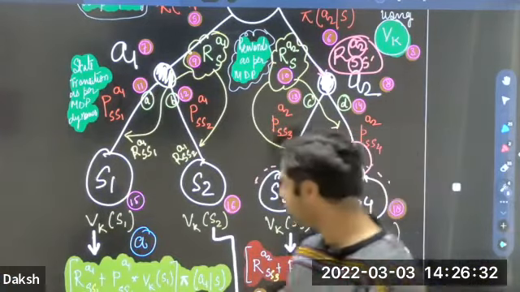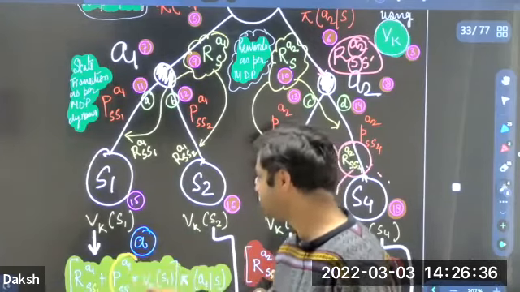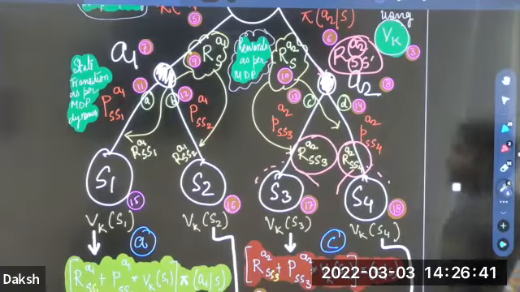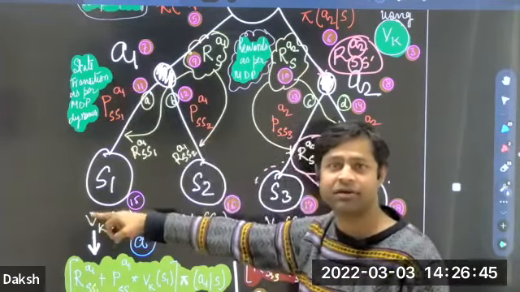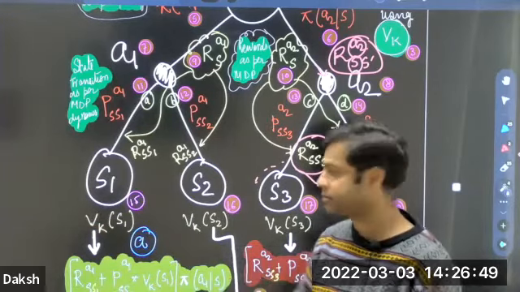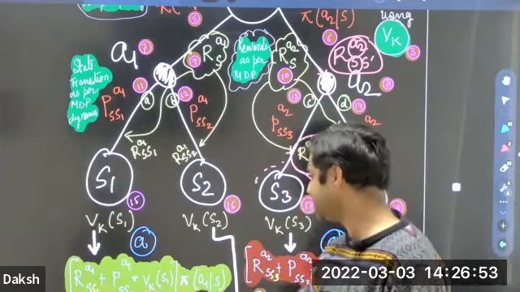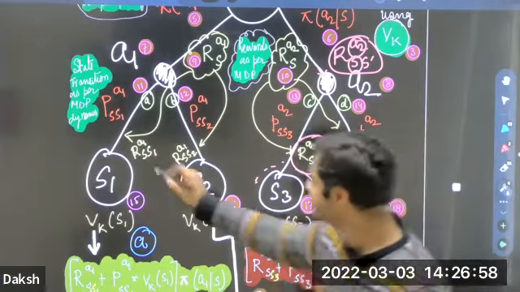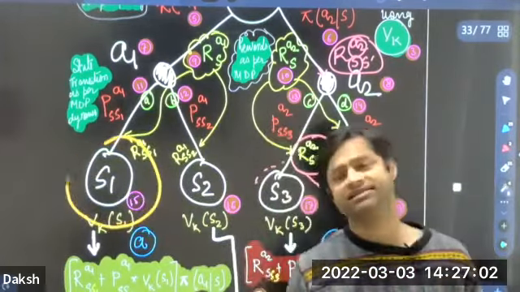You're only going to be coming over here with this much amount of probability. Because even at this state, if you take this action, 100% you are not coming here, only these many times you are going to come over here. Multiplied by V_k(S1), because this is the value V_k(S1) that you are getting from the kth iteration.